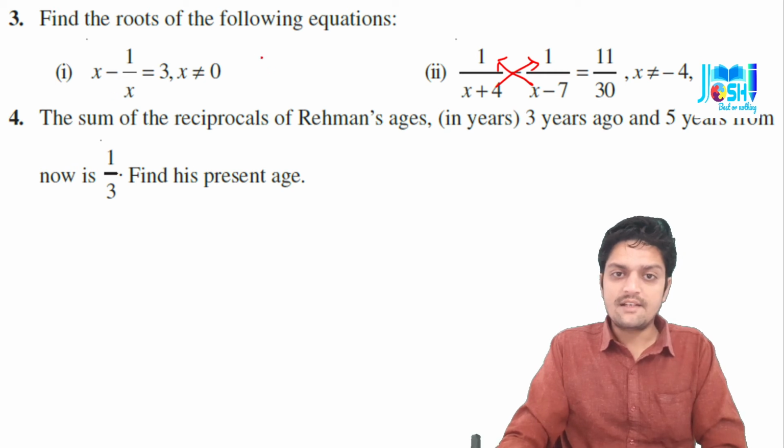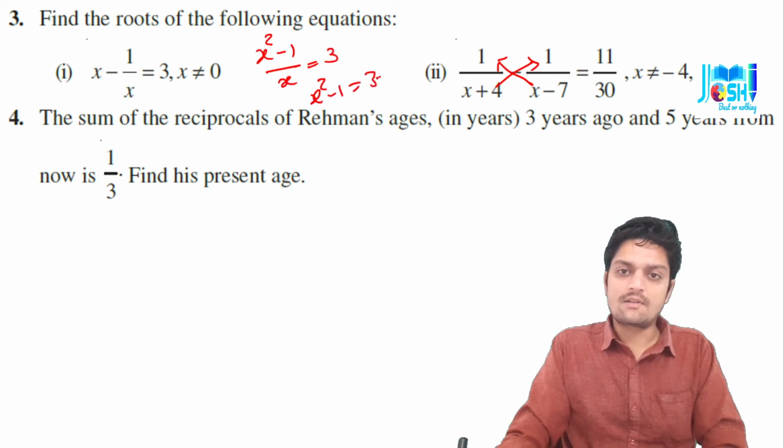x into x, so that is x square minus 1 upon x is equal to 3. So x square minus 1 is equal to 3x, then x square minus 3x minus 1 is equal to 0.